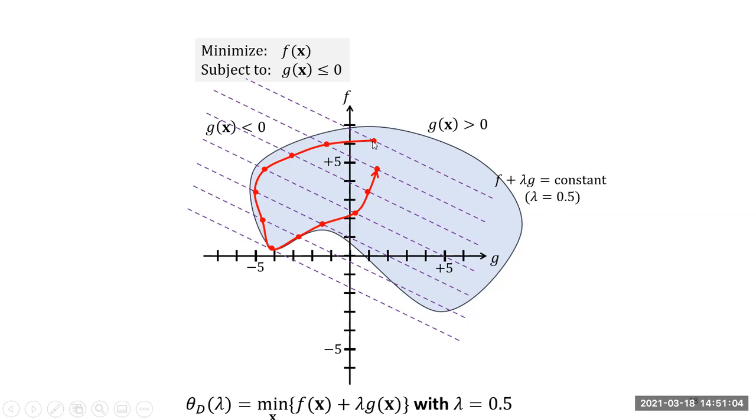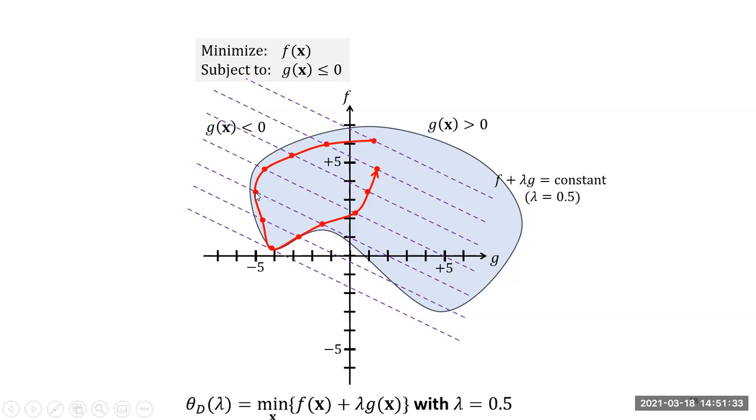And now from here, as I'm moving in this direction, what happens to the value of the constant? From here to here, what happened to the value of the constant? It decreased. It's decreasing, decreasing further, right?